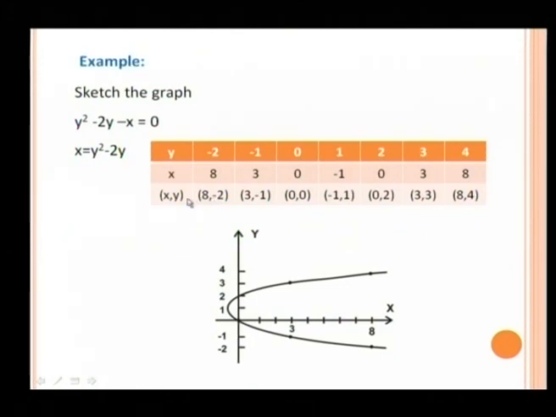Now we have to draw all these ordered pairs on the Cartesian coordinate system to get the graph of this above equation. If we consider the first ordered pair, which is (0, 0), we will have a dot at the origin.